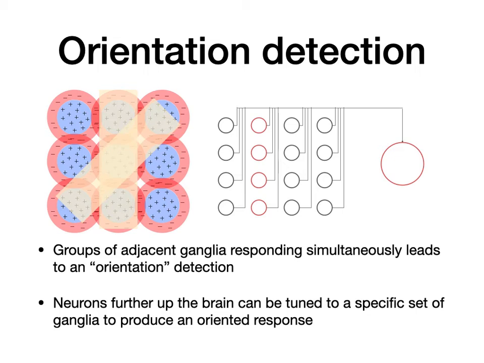I only care about a vertical edge or a diagonal edge. So now you're starting to see how not only can we detect differences and edges, but now we can detect orientation. We can bring in this concept of there's a diagonal line in front of me.